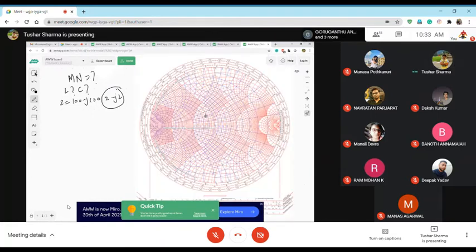Okay, so 2, this is 1, this is 2, तो ये 2 हो गया, and J2 minus है तो 1 यहाँ पर है, and it will increase in this direction because open circuit is इस direction में, तो J2 है ये वाला, and it's here, this impedance is 2 minus J2.